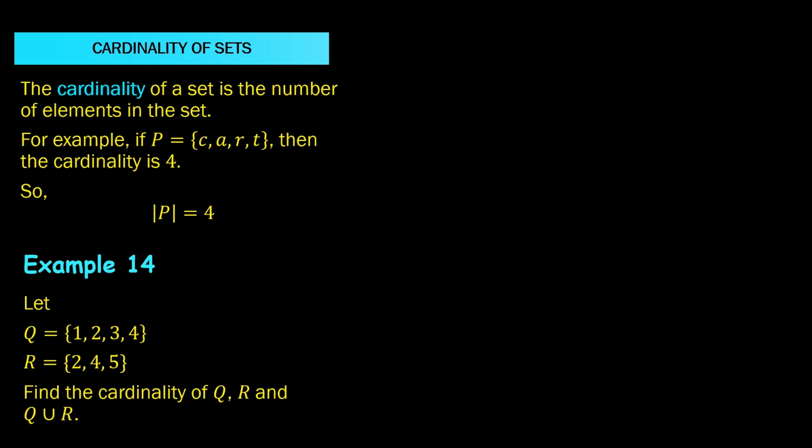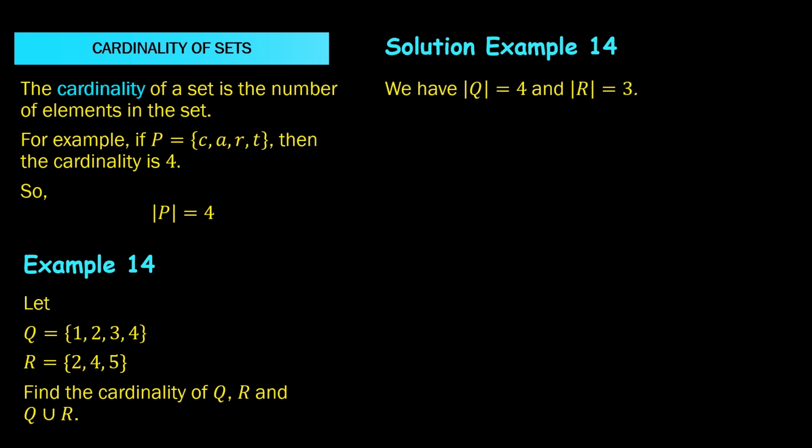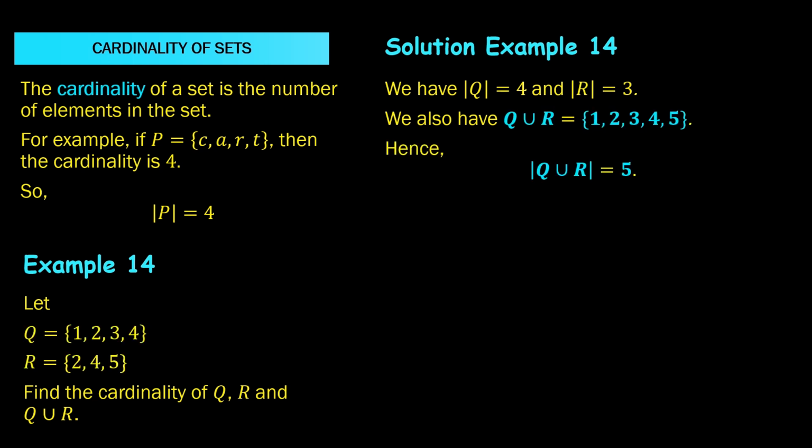Let's solve this. We have mod Q equals 4, or the cardinality of Q equals 4, and mod R equals 3. Since Q union R equals {1, 2, 3, 4, 5}, we have that the number of elements in Q union R, or its cardinality, is equal to 5.